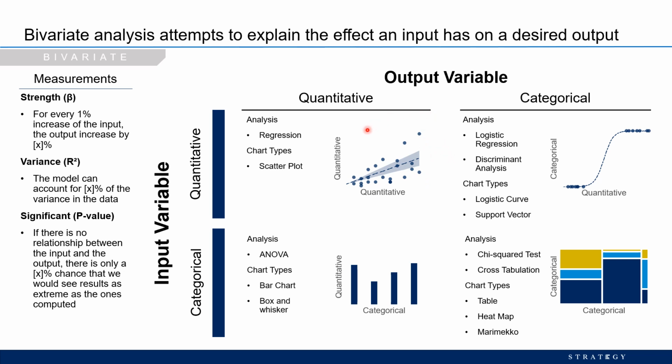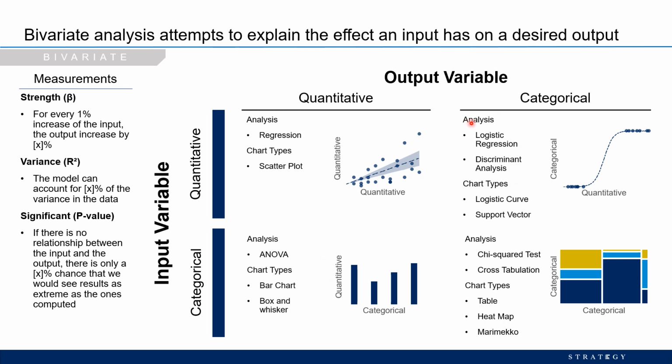If, however, your input variable is categorical and your output is quantitative, then you're going to need to perform an ANOVA, or analysis of variance. You're also probably going to use a bar chart or a box plot to display the relationship between the two.